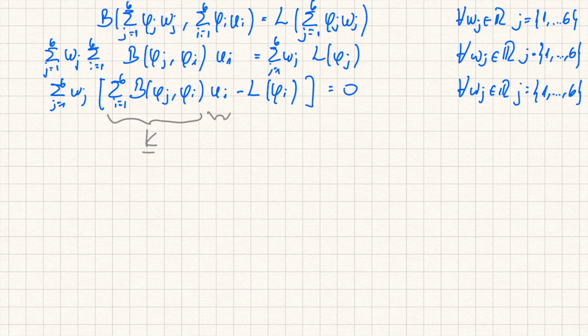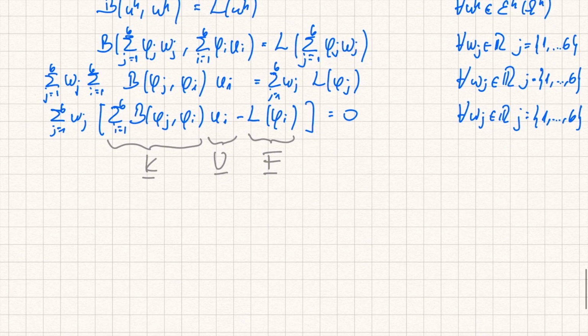This guy here is going to be our displacement vector or degree of freedom vector. And this one here is going to lead to the so-called force vector. And so the whole discretized problem is going to turn into ku equals f, which of course we solve for u.